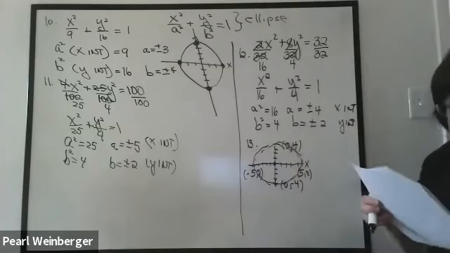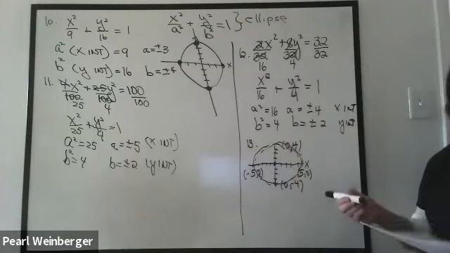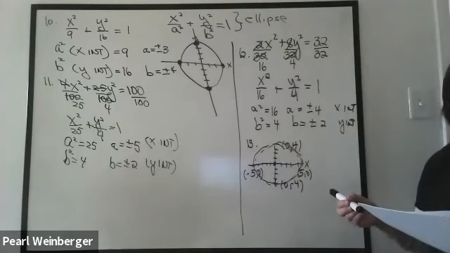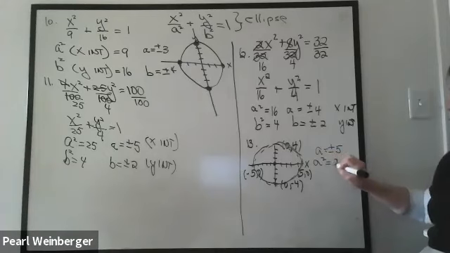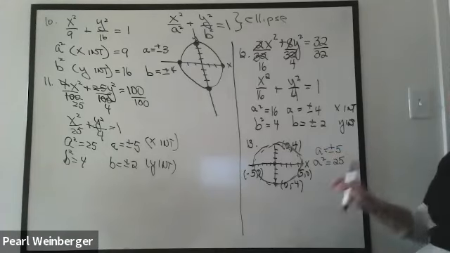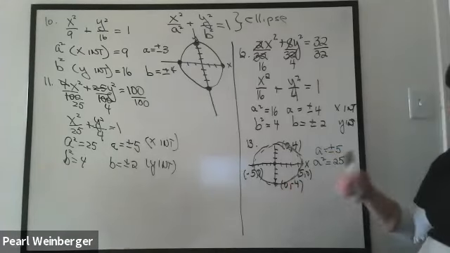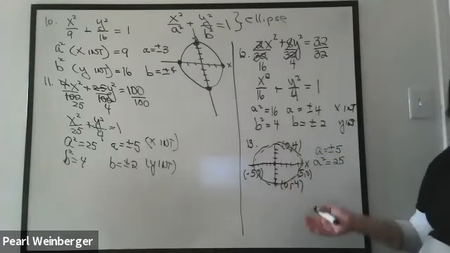Okay, now they didn't ask me to draw it, they just wanted me to find the equation. Now remember, the ellipse is x squared over a squared plus y squared over b squared equals 1. The a is the x-intercepts, which could be either plus or -5, which means that the a squared has to be 25. It doesn't matter if you pick -5 or 5, when you square it, you're getting 25.